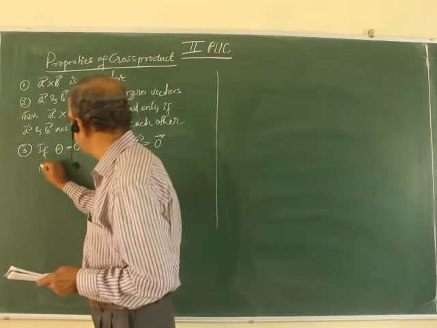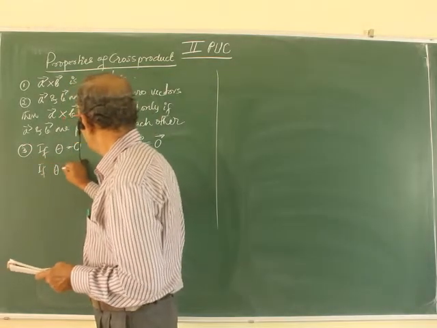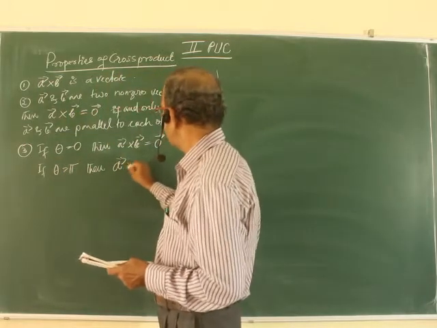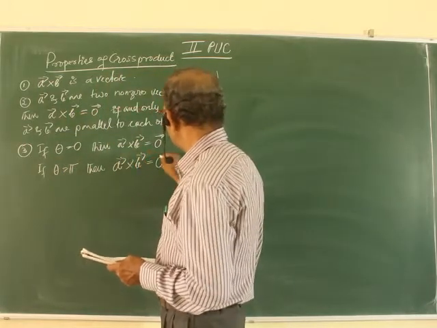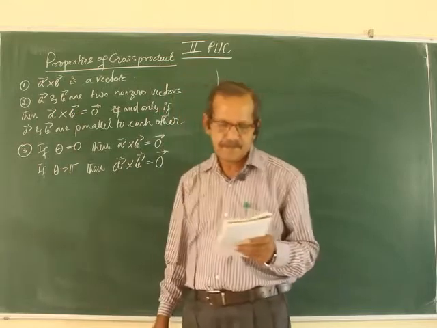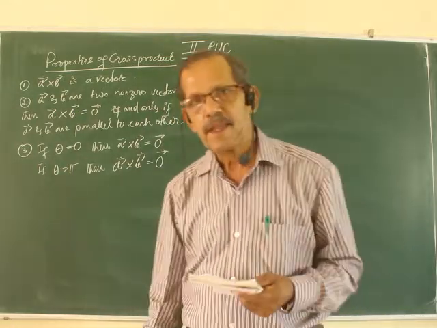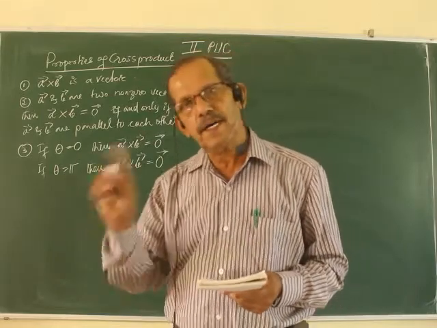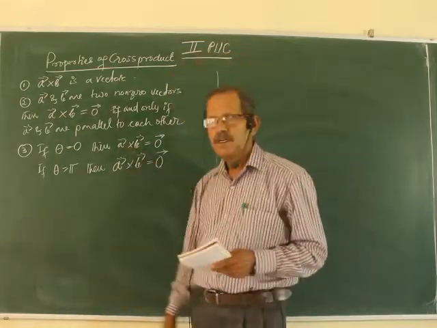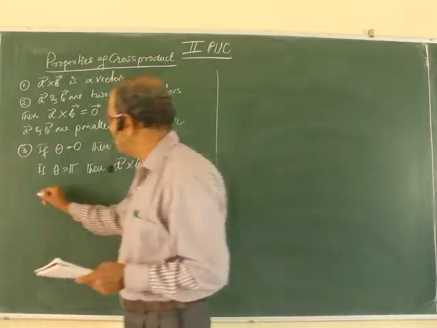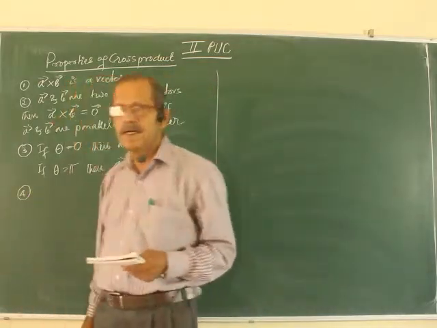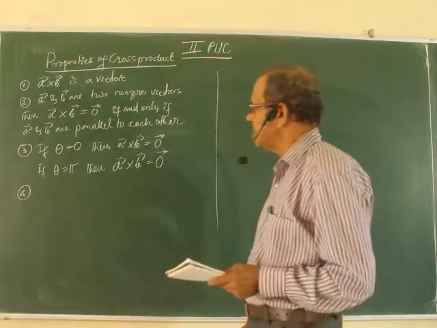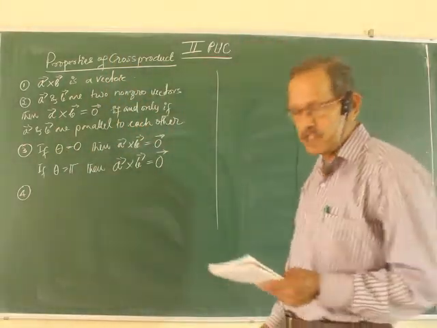If theta equal to 180 degree, then also A cross B is 0, since sin 180 is also 0. Sin 0 is also 0, sin 180 also 0. Explanation is simple, but they are the formula. Let me write them together.